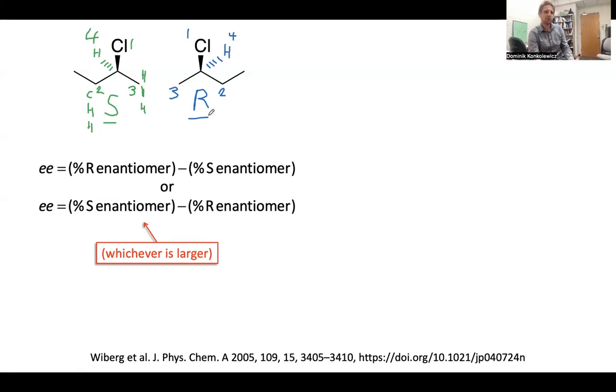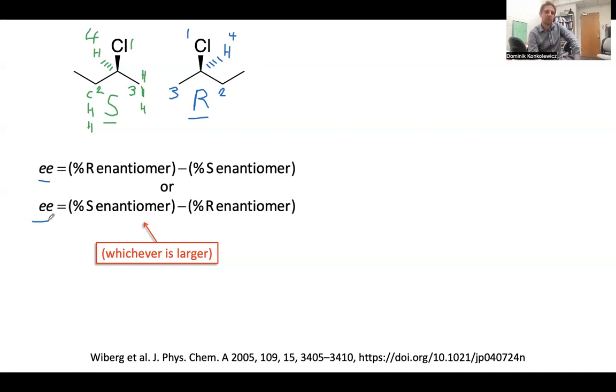But in practice, a lot of the time, we have mixtures of the two enantiomers. We may not have 100% of one enantiomer and 0% of the other. So we define this concept called enantiomeric excess, or EE. This is the difference between the percentage of the one enantiomer less the other.